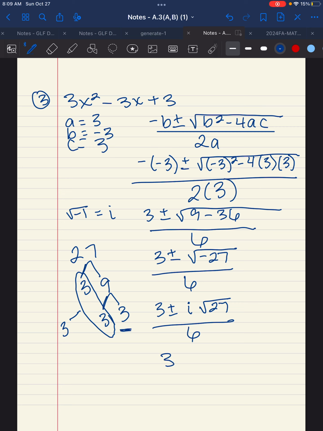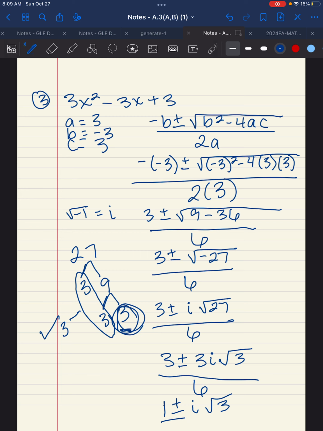So you have 3 plus or minus 3i, because that came out, the square root of 3, because it had to stay in jail, all over 6. We're almost done. I can simplify this. When I simplify this, it gives me 1 plus or minus i square root of 3 over 2.